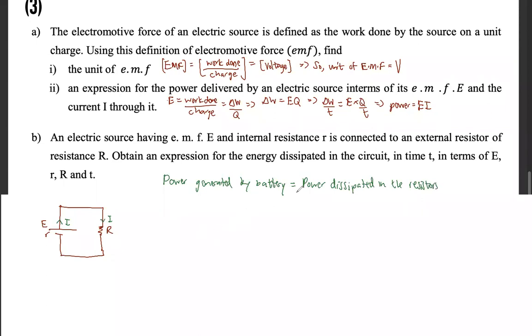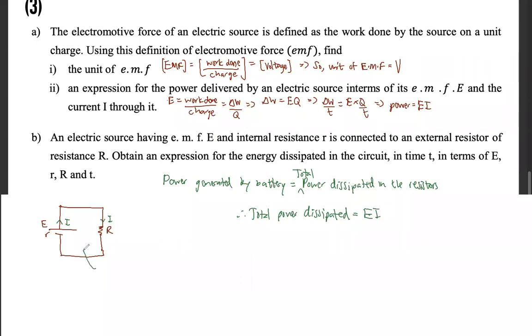So the total power dissipated will be given by EI. We have already derived the equation EI, but the problem is I is not there in the answer.